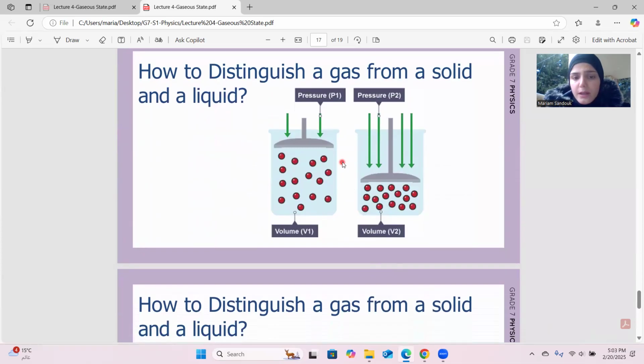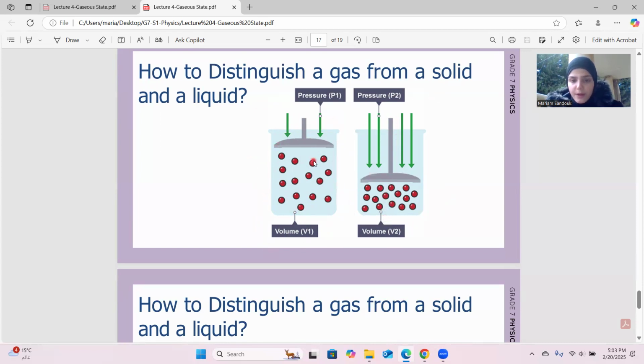Okay, this will show us how to distinguish between a gas from a solid and a liquid. We have this beaker filled with water, and we have this piston, and we have a certain volume here, V1. If I apply a pressure on this beaker, what do you observe?